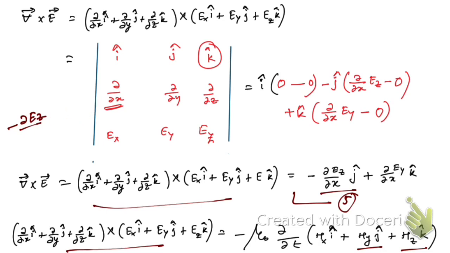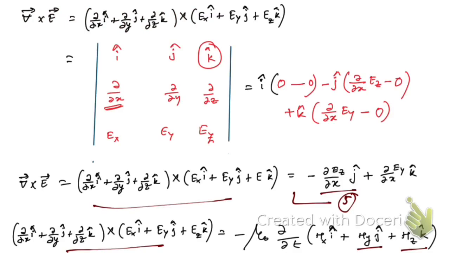So from equation number 4 and equation number 5, minus of this one is equal to minus mu naught del del t of Hy.